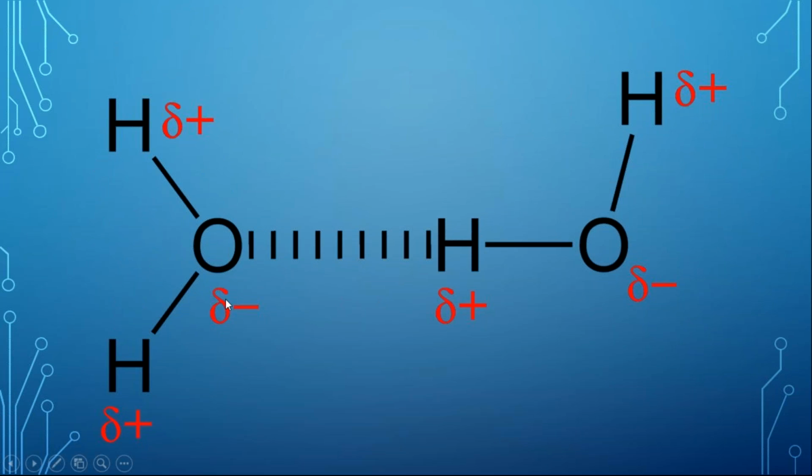Polar means they have partial positive and partial negative charge. This is intramolecular. Now, between two water molecules it is intermolecular. So what is this bond? This is purely hydrogen bonding, indicated with the broken lines.